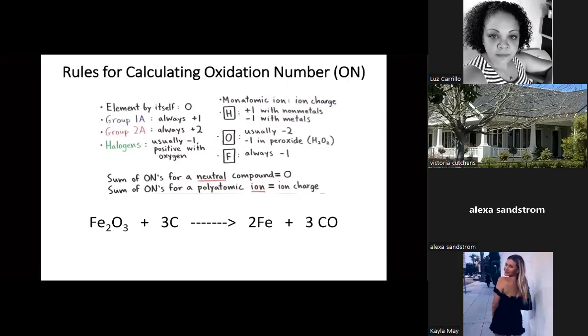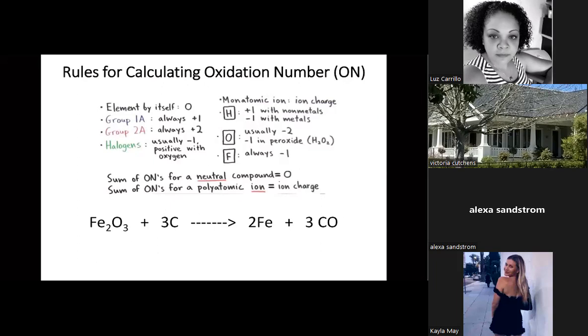What kind of reaction is this? Excellent. Yes, it is a single replacement reaction, okay? Because we see that now carbon is with oxygen and iron is by itself.